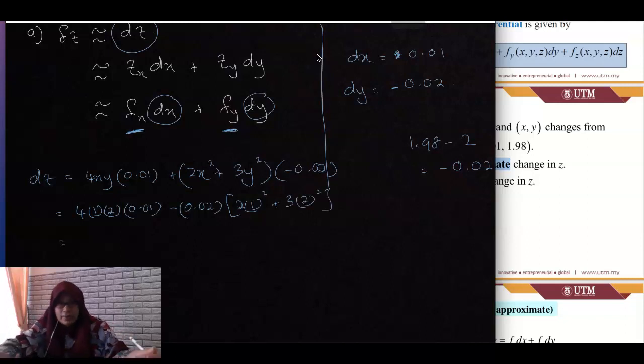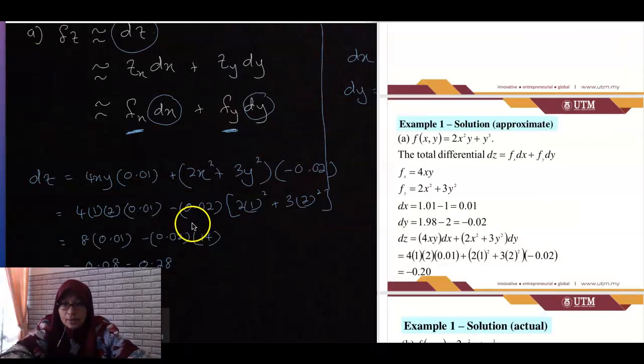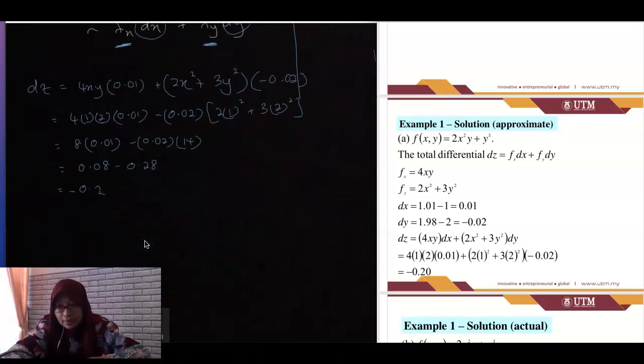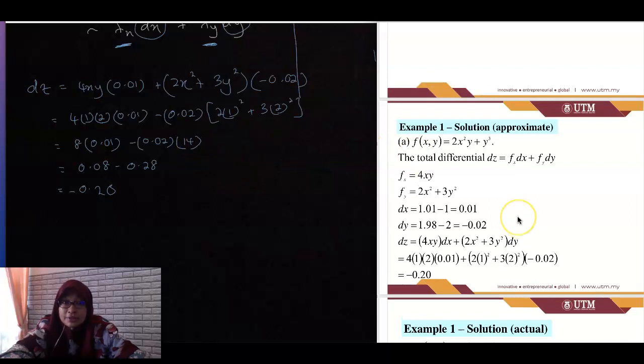Then you evaluate using your calculator. When you evaluate, finally you will get negative 0.2. If the question doesn't mention how many decimal places to leave, it is up to you. But let's say they ask you to leave your answer in 2 decimal places, then you have to put this one. So this is the approximation using total differential.